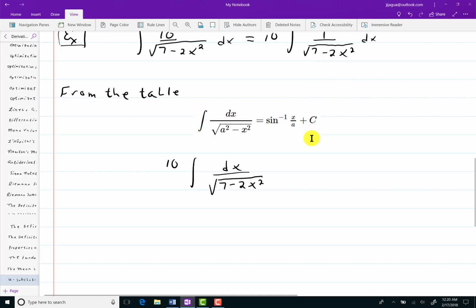Alright, so let's see how close theirs is to mine. It looks like I have an a. The biggest problem right now that I see is that here there's nothing in front of x squared, but down here there's a 2. Well, what I can do is factor that 2 out.